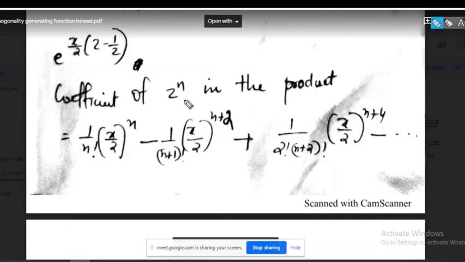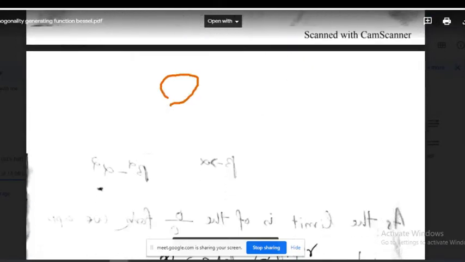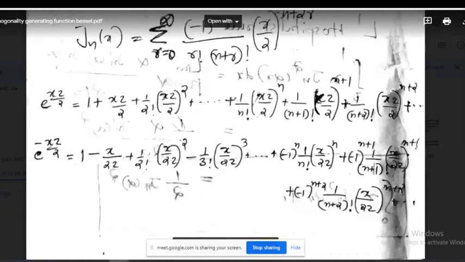One can say the coefficient of z raised to n is the Bessel function. The same way you can take the coefficient of z raised to minus n.